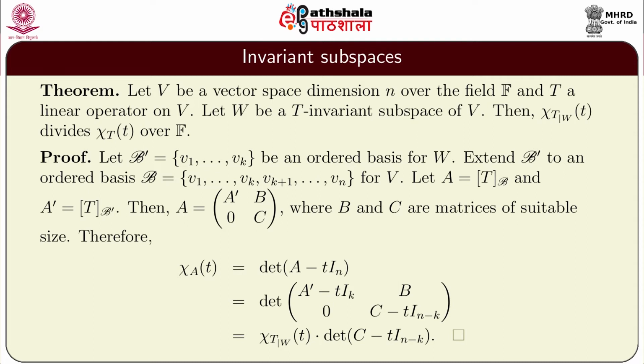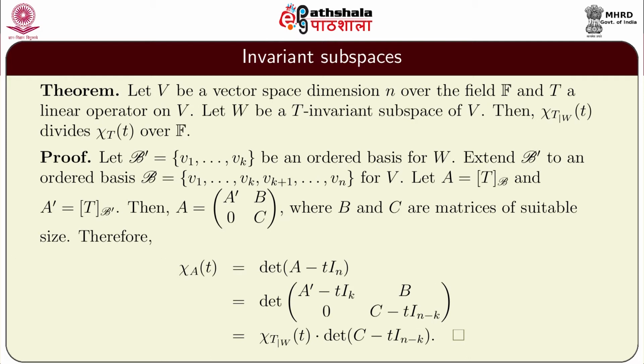Extend B dash to an ordered basis B for V, which is given by this set v1 up to vk, and then vk plus 1 up to vn. Let A denote the matrix representation of T with respect to the basis B, and A dash denote the matrix representation of T restricted to W with respect to the basis B dash.